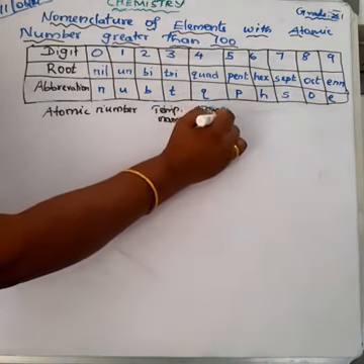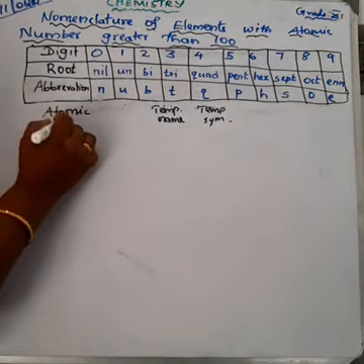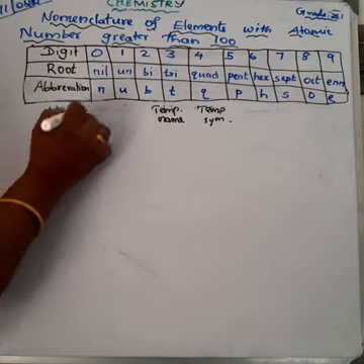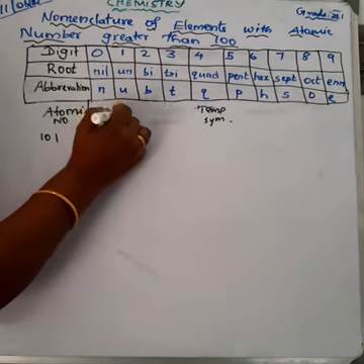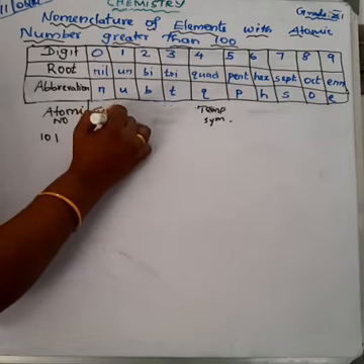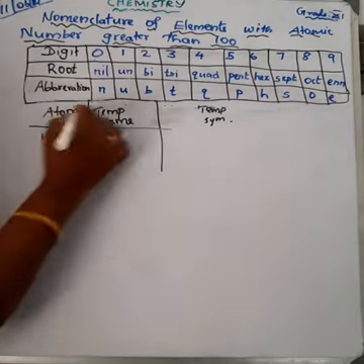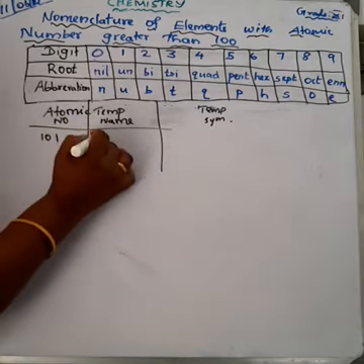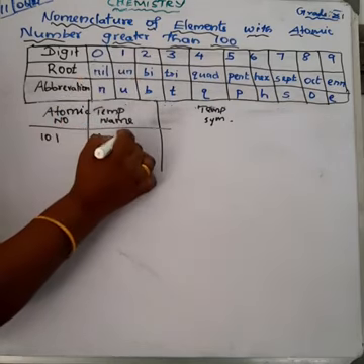For the atomic number 101, what is the temporary name? How can you write the temporary name? What is the numerical root for 1? 1 means un and 0 for nil. 1 for un. After that suffix ium.